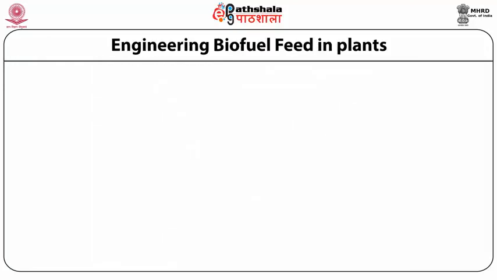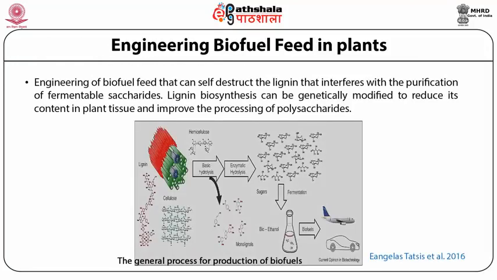Another important aspect is engineering a biofuel feed that can self-destruct the lignin that interferes with the purification of fermentable saccharides. In this, what scientists are doing is that lignin biosynthesis is genetically modified to reduce its content so as to improve the processing of polysaccharides.